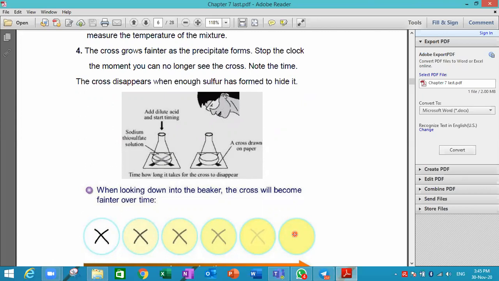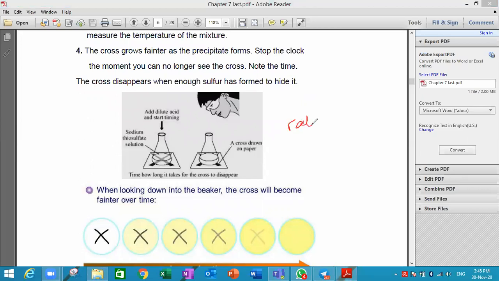Of course, we know that the rate is inversely proportional to time. It means that the less time it takes for a reaction, the higher the rate is. Whenever we have lower time, then the rate is high.